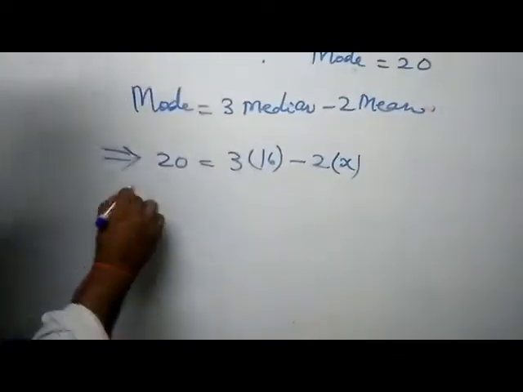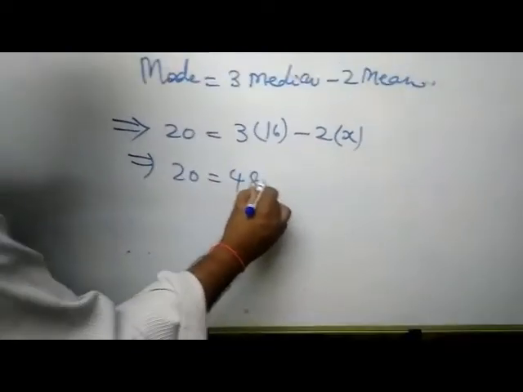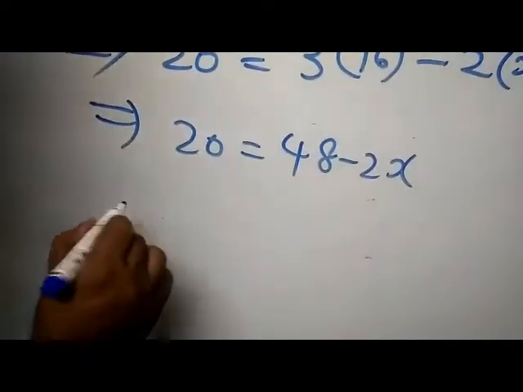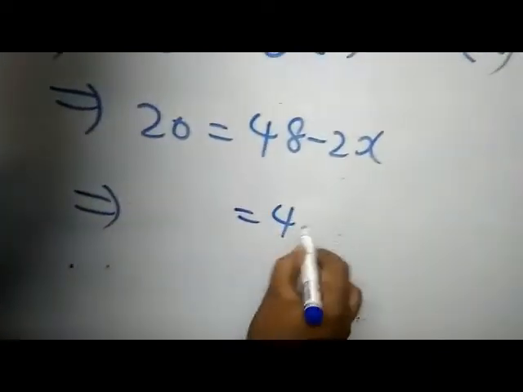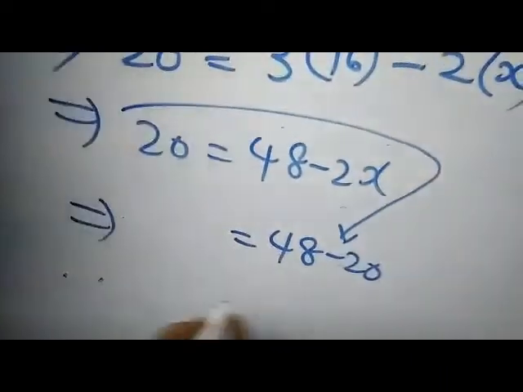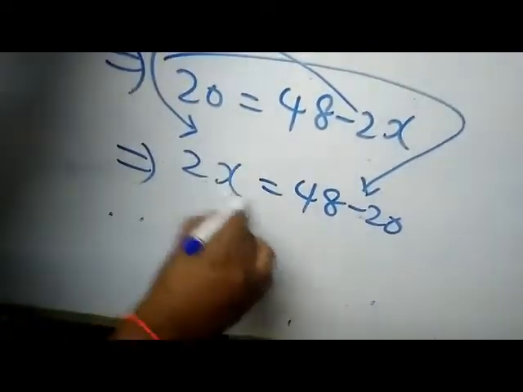2 into x. That implies 20 is equal to 48 minus 2x. It is a linear equation in one variable. So 48 minus 20. This minus 2x will be transposed to plus 2x.